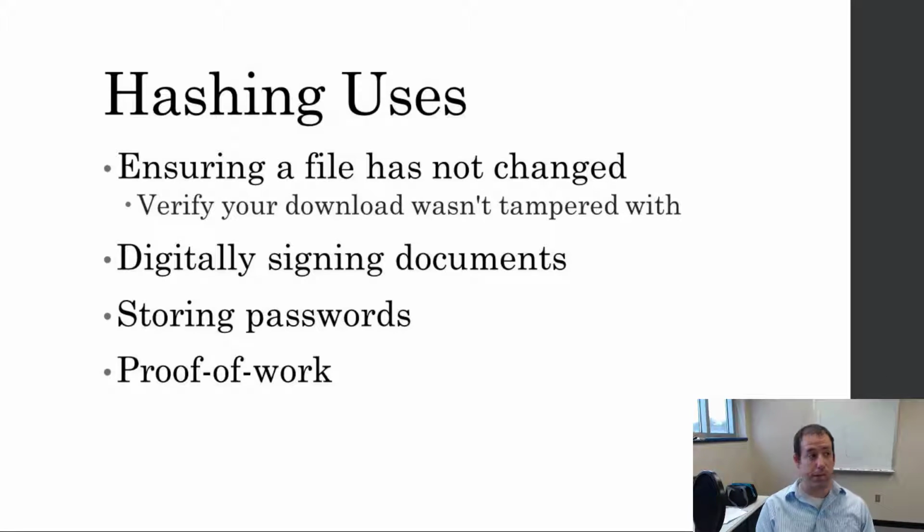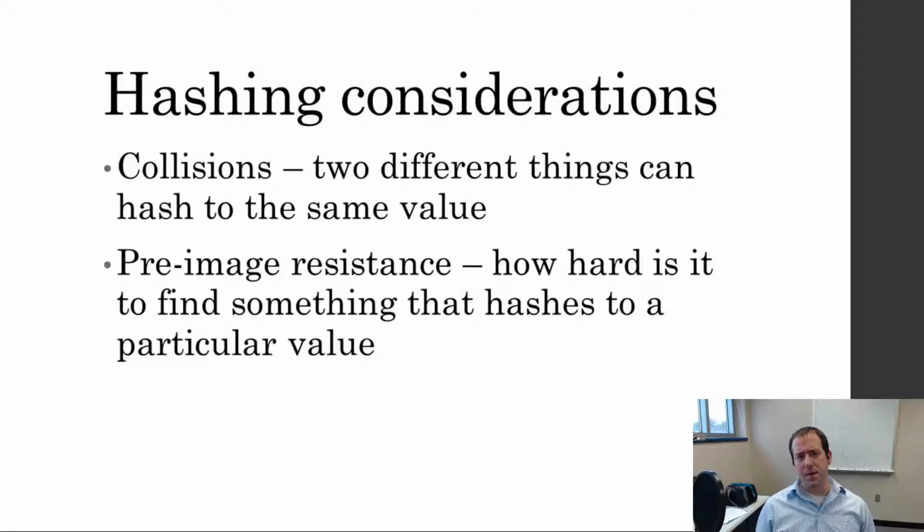So that's one use. Things that you need to be careful with hashes. One thing is what's called collisions. Because any length of input, whether it's a sentence or Moby Dick, results in the same length of output, that results in a possibility for what's called collisions, meaning two different things could have the same hash. And creating collisions is a problem in hashing, because if two documents have the same hash, then you can't verify that those documents are the same.